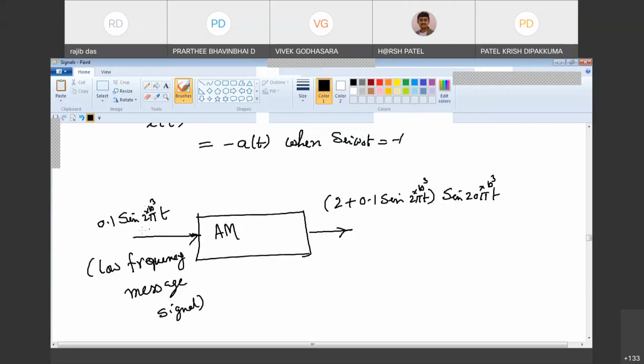So it is a 1 kilohertz signal. It is called 1 kilohertz. And in this case, it is 20 kilohertz. And this is a 1 kilohertz message signal. So it is low frequency and this is high frequency. Modulated signal.